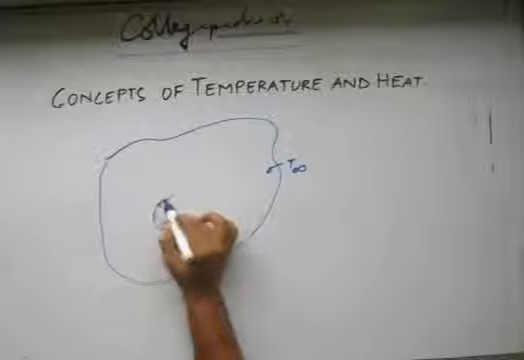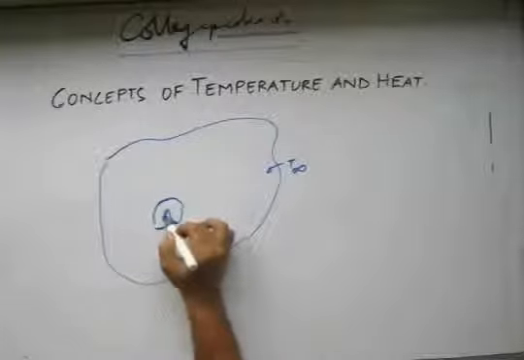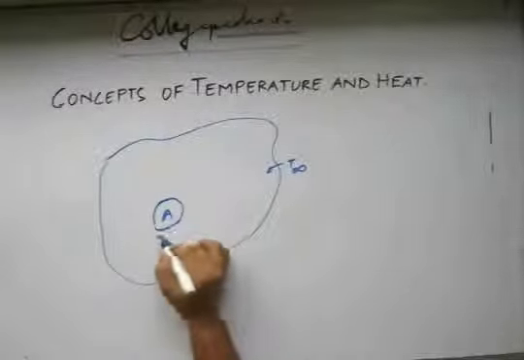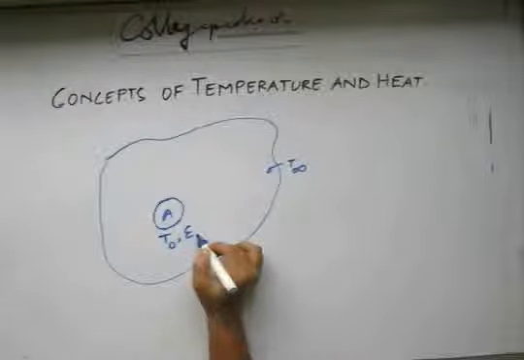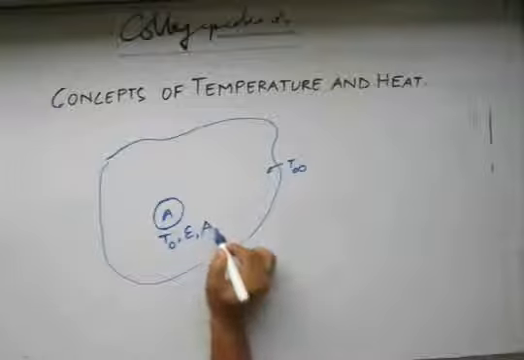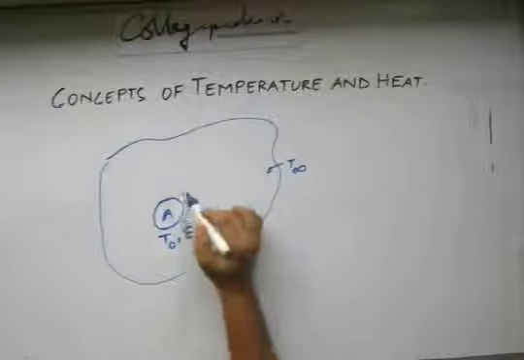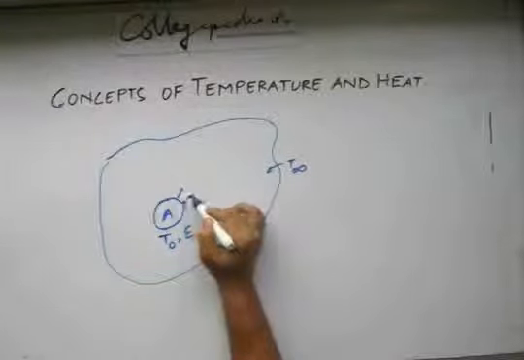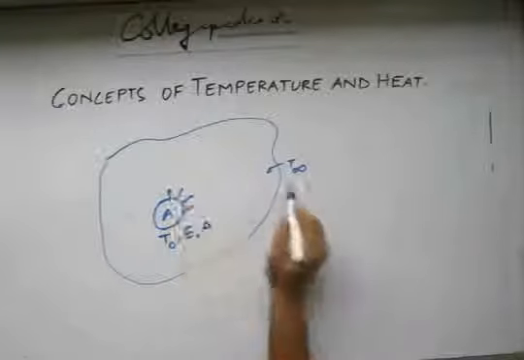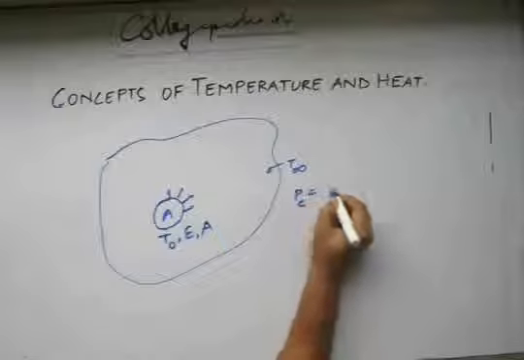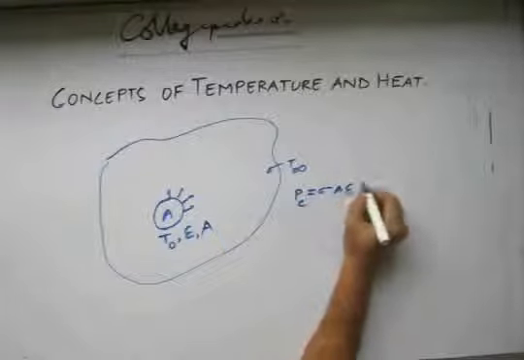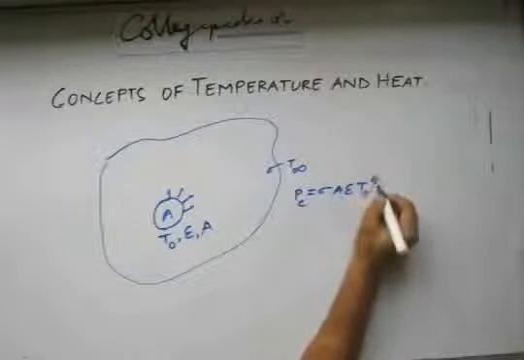Say we have a body here, body A. It is at a temperature T0. Its emissivity is epsilon and its surface area is A. So the power emitted or the emissive power of this body is given by Stefan's law, say as sigma A epsilon T0 to the power 4.